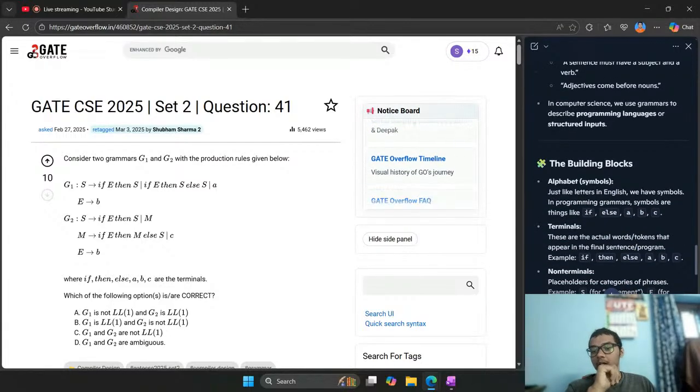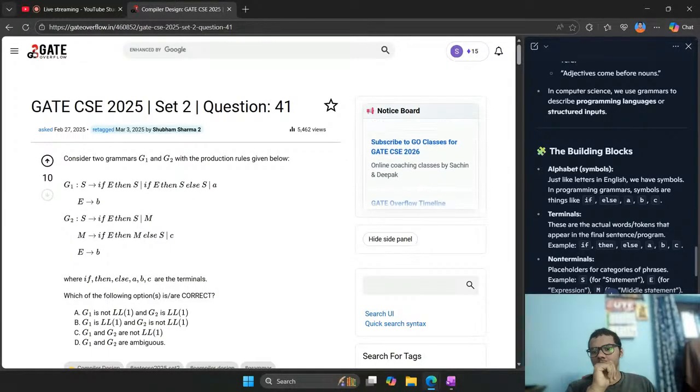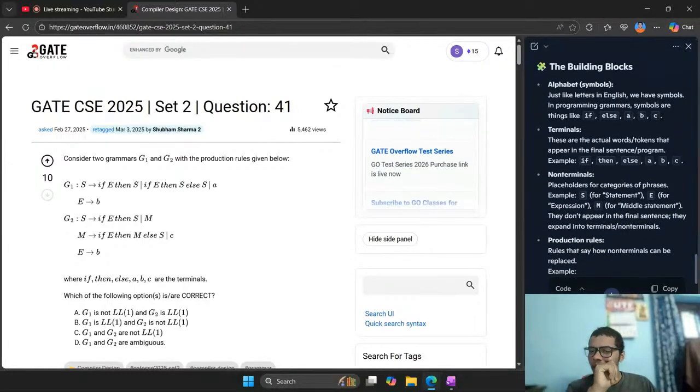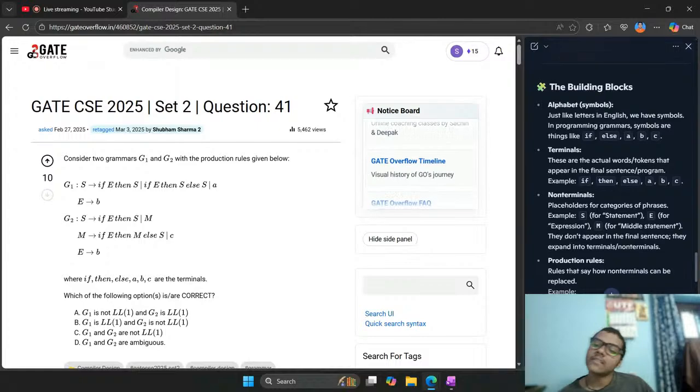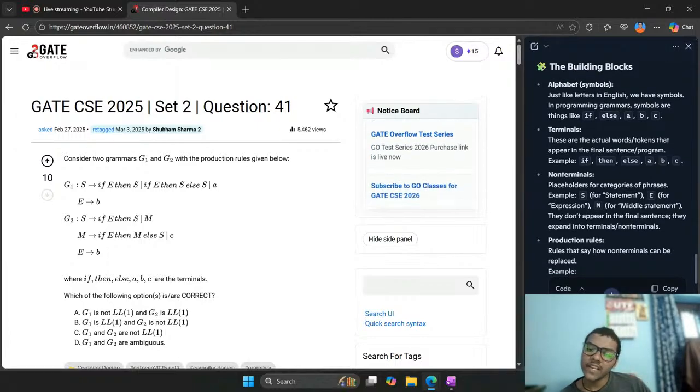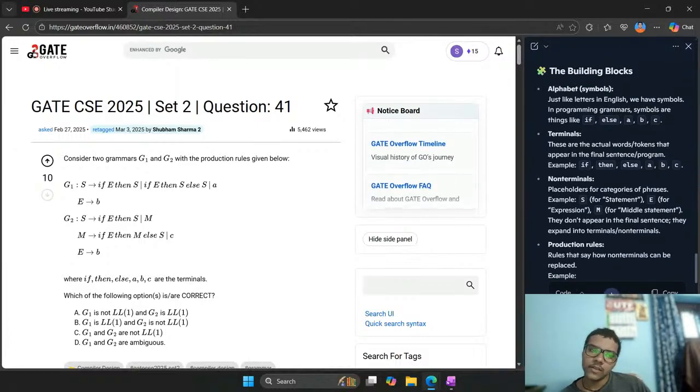The alphabet is just like letters in English, a set of symbols. Terminals are the actual words or tokens that appear in the final sentence. Non-terminals are placeholders: S for statement, E for expression, M for middle statement.